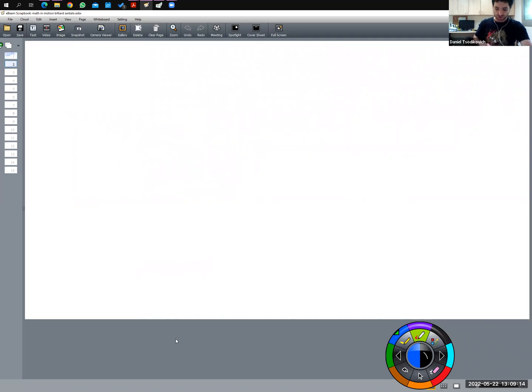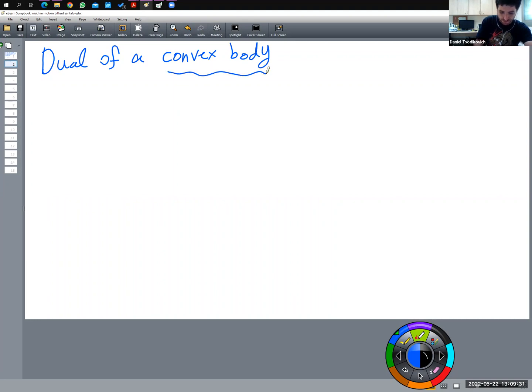So let's recall what the dual of a convex body is. And when I say convex body, I mean a convex compact set with non-empty interior.